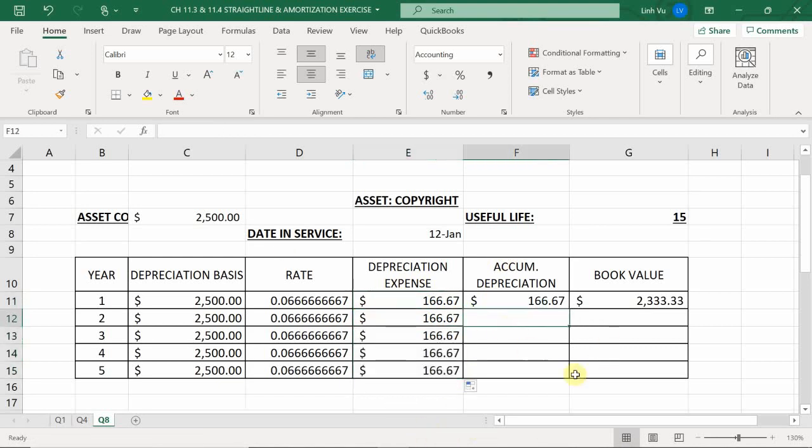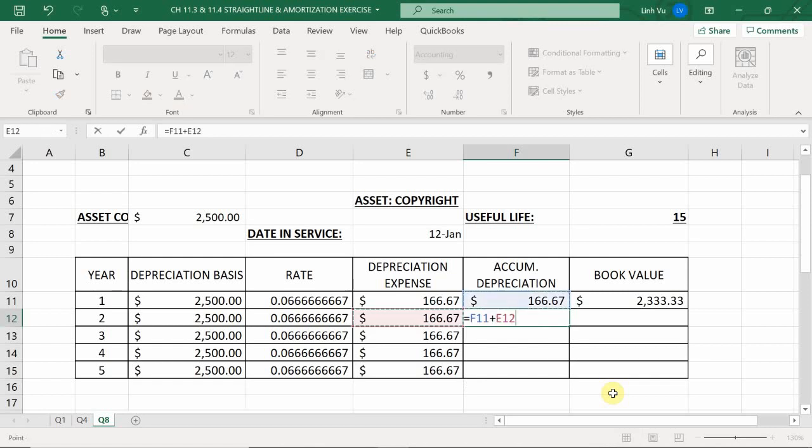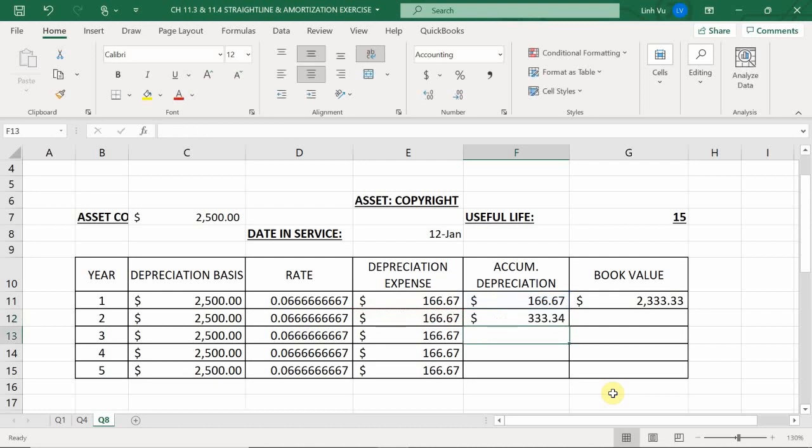Okay? So in this case, what is my accumulated depreciation for year 2? 333.20. Are you rounding up? Oh no. Yeah, I forgot to put the 7. That's fine.